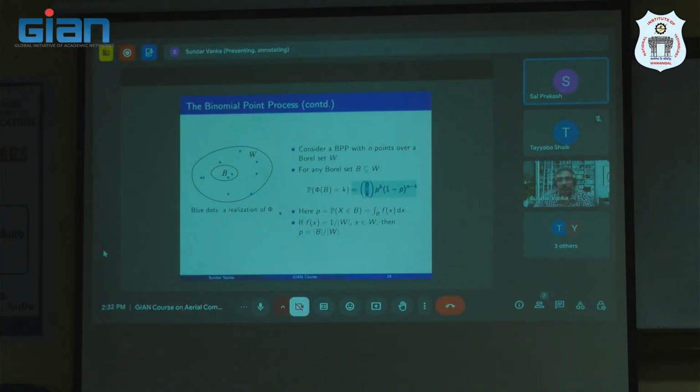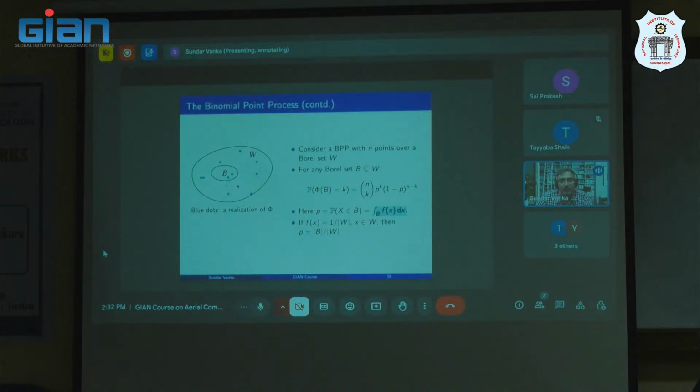Yeah. So here this small p has an interesting interpretation. It is the probability that any given X is inside this B. It is nothing but the PDF of X integrated over B. This is basically your BTech material, correct?